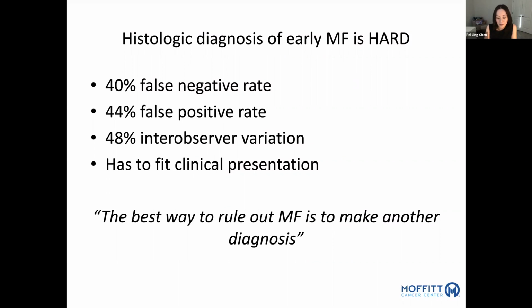Bottom line is, if truly MF, it will evolve. We will see it. It takes a little patience for the clinicians, the patients, and the pathologists to put together a sound clinical pathological correlation to reach the final diagnosis. Someone once said the best way to rule out MF is to make another diagnosis. But essentially, for a true MF case, we would hope that it will evolve and reveal itself over these biopsies over time.